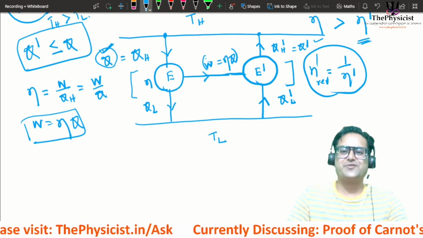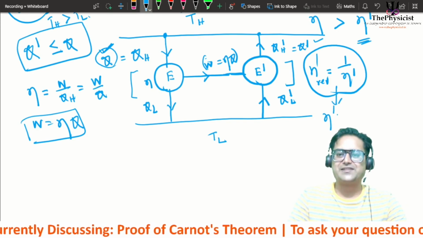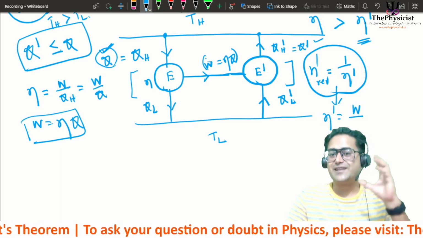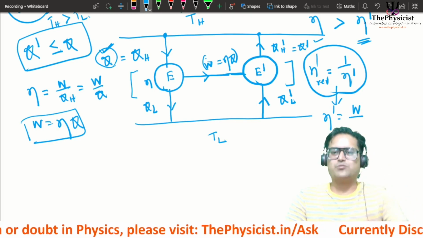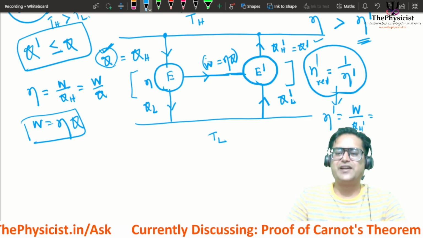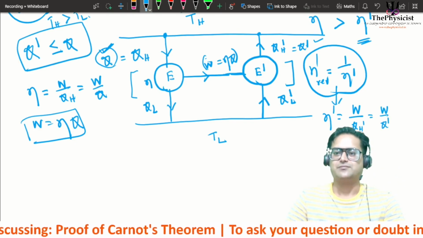So in other words, from the same principle, eta dash is equal to the same work, if it worked exactly the way it is supposed to, in normal mode, W by QH dash. Since we are taking QH dash as Q dash, we will simply call it W by Q dash.